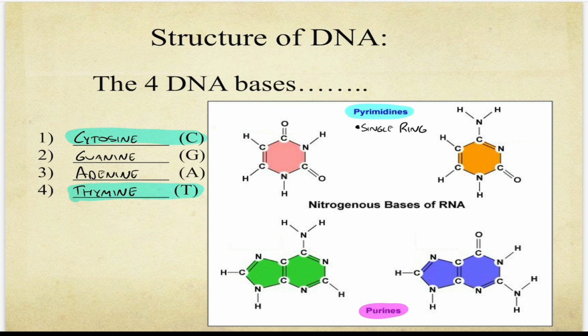That's it, which means in that ring they have two nitrogens, right? And you can see that. That's what makes a pyrimidine. What makes a purine? They are a double ring structure, and in the rings they have four nitrogens, right? Just in the rings.